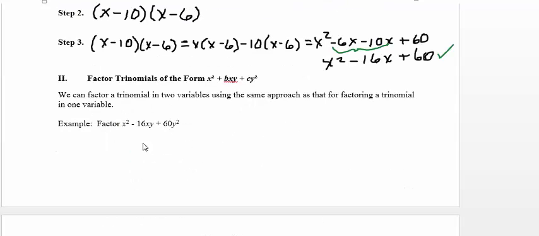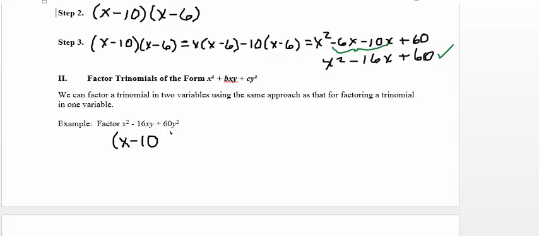All right, so let's factor this trinomial. Notice that our coefficients are still 1, negative 16, and positive 60. So we're going to get similar results to what we got above.